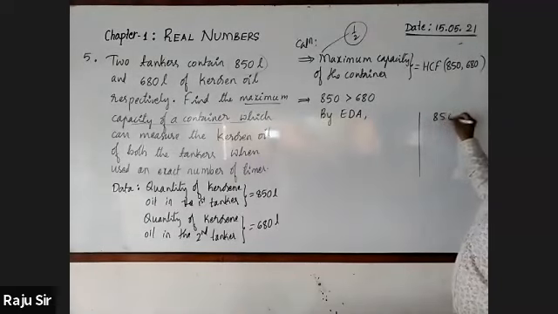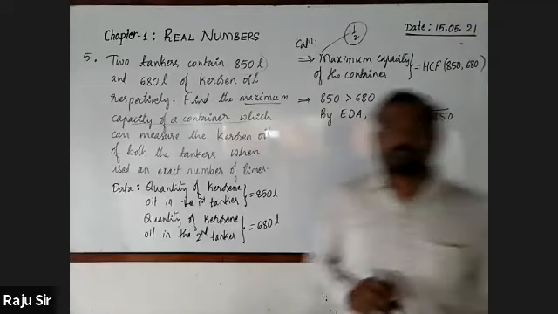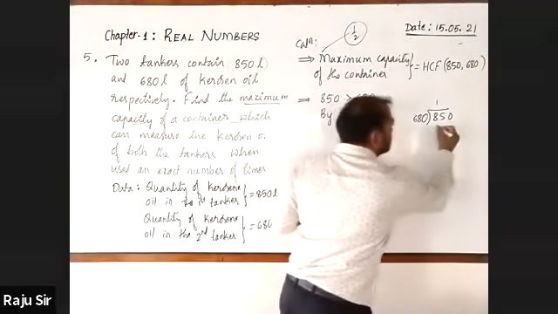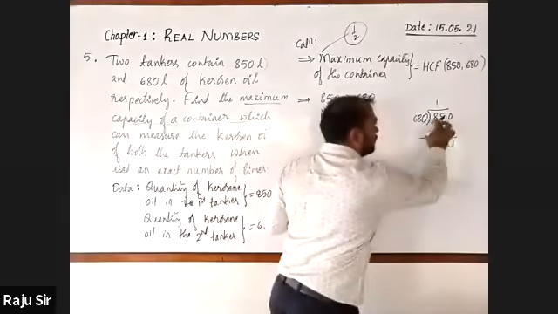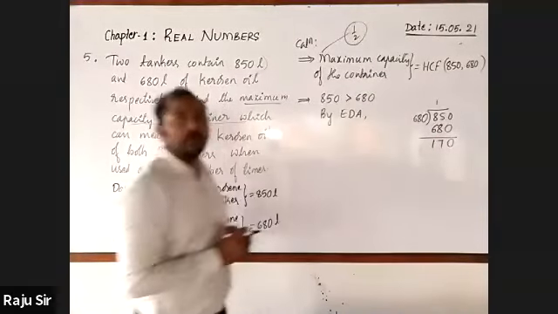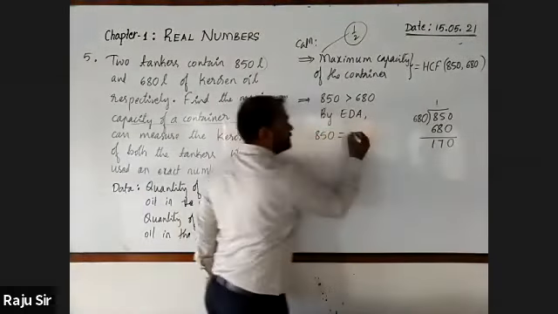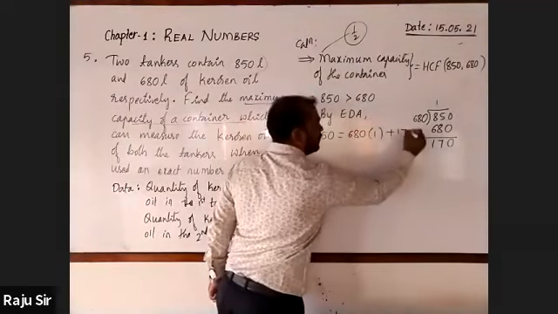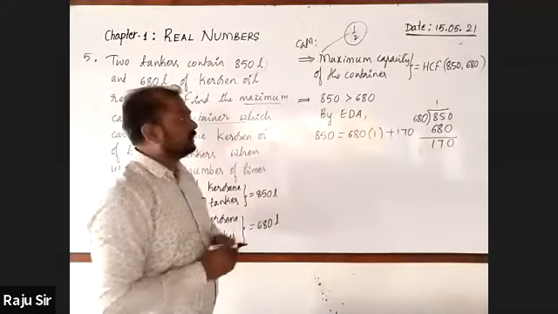Let us divide 850 by 680. 680 ones are 680. Subtract, you get 170. So 850 can be written as 680 into 1 plus 170. Here the remainder is not equal to 0, hence it can be continued.